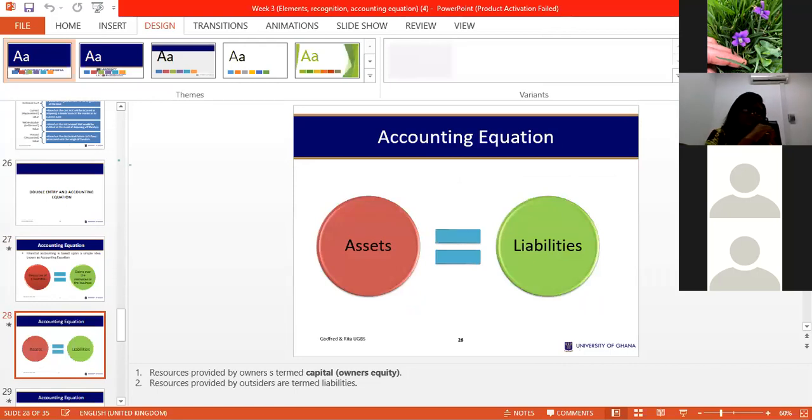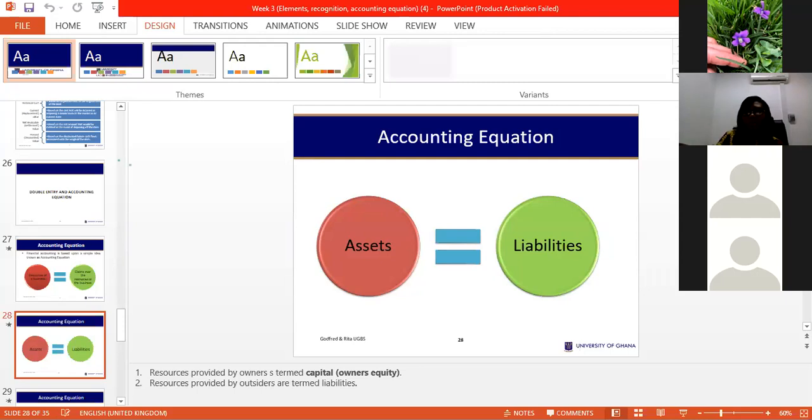And that is why I said the basic definition would be resources that you own. Okay. That the business entity owns. When I say you own here, I'm referring to the business entity. The business entity owns as a separate legal entity. Now, who provided those resources to the business? Again, the business cannot function on its own because it is an artificial human being.